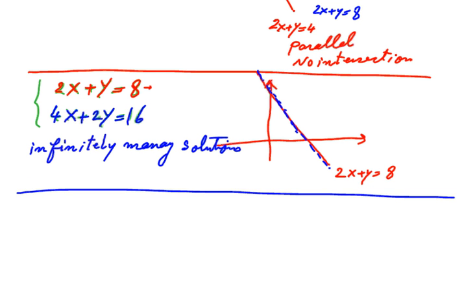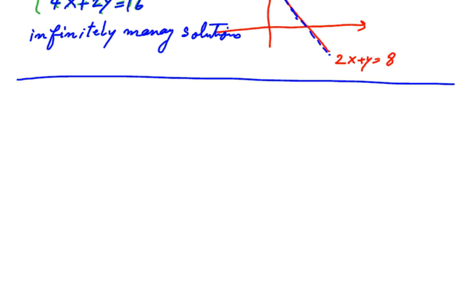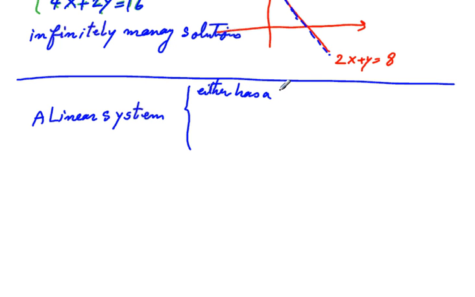So we did a very simple case, 2 equations, 2 unknowns, but what we did is covering all possibilities. A linear system either has a unique solution, that is the most common type.